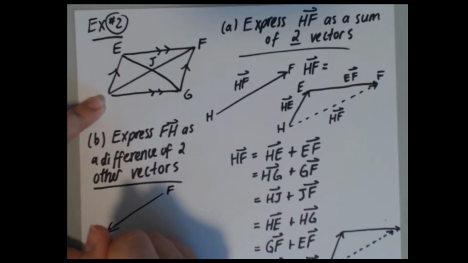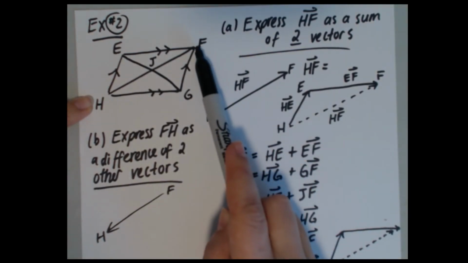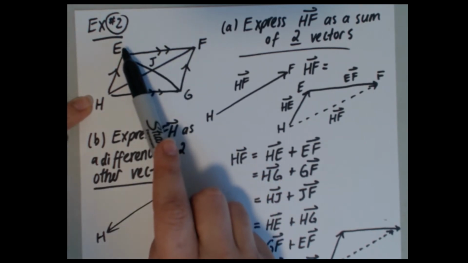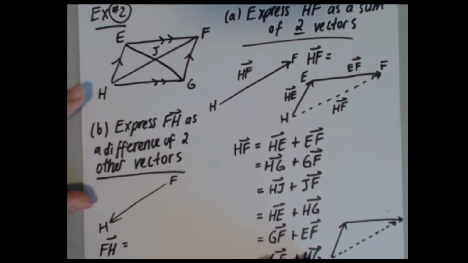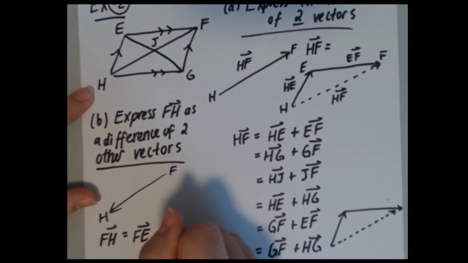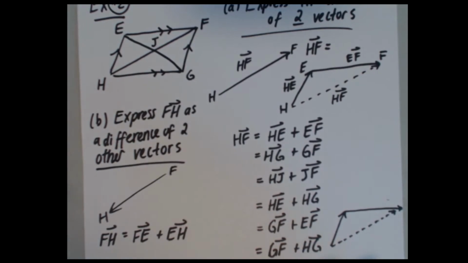So there's FH. Let's look at this from the perspective of addition first. If I was trying to figure out two vectors to add to get FH, I could do FE plus EH. So let's write that down: FH would equal FE plus EH. Now, subtraction is just adding the negative, right?